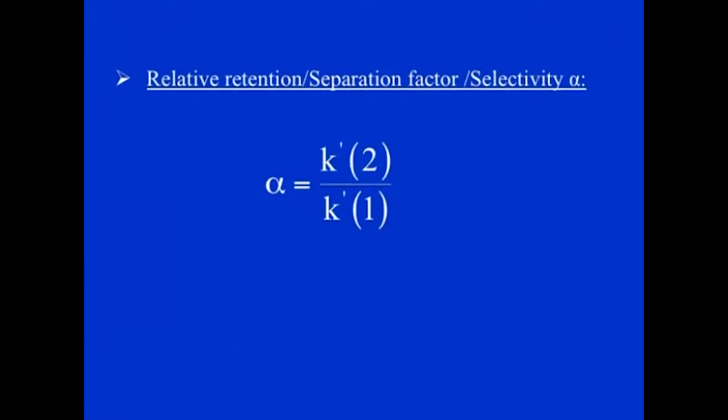That is, it is a relative retention ratio for two analytes, for analyte 2 in comparison to analyte 1. The selectivity factor is also important in assessing the functioning or performance of a particular column type. Now, the selectivity factor is affected by the chemical nature of the two phases.